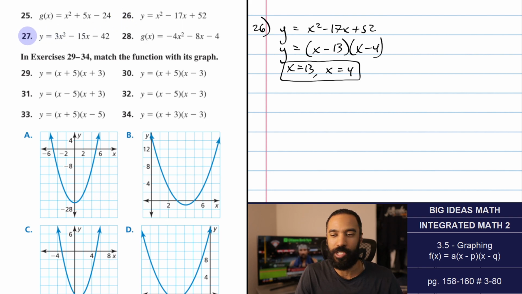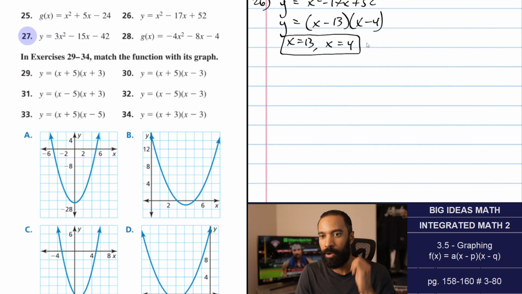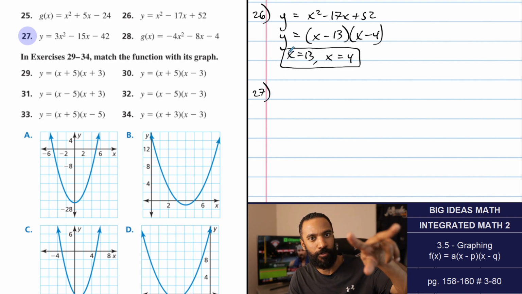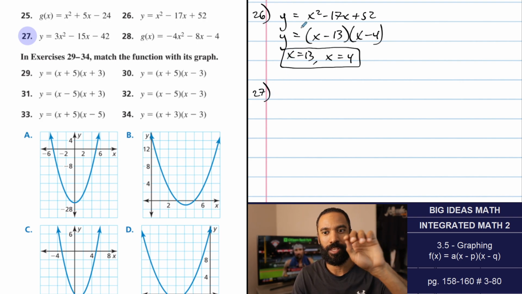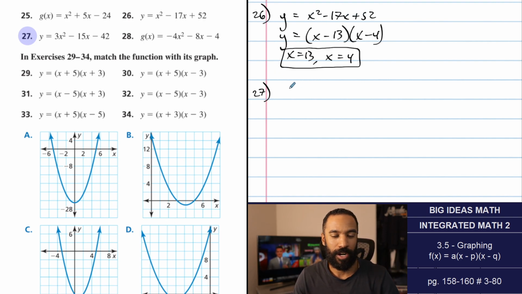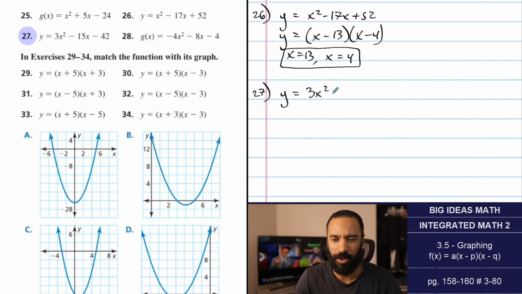Number 27, we do have a GCF this time. We're going to factor a 3 out of here. You can anticipate that we're building off of these. The first two are factored form. The second two are difference of two squares. The next two were a 1x squared factoring, and the next ones get a GCF out first and then do 1x squared factorings. They build on each other, going by difficulty. So let's begin by factoring that 3 out.